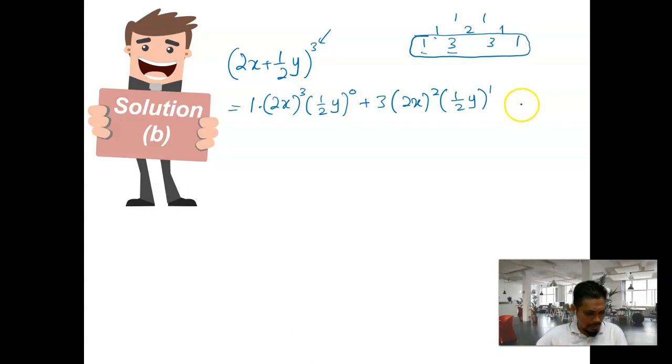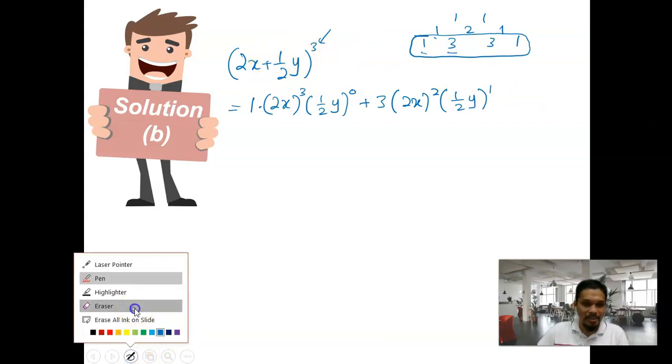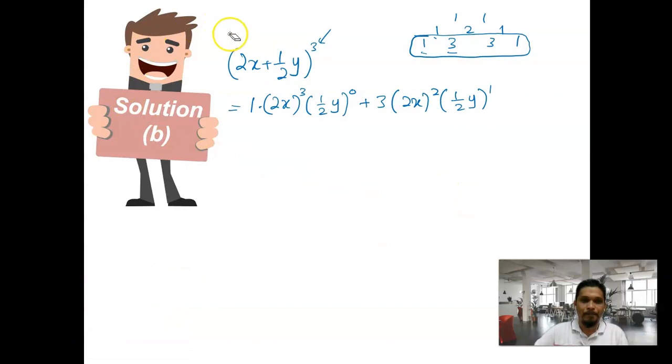Sorry guys, because the question here is 2x minus, okay, I made a mistake then, sorry. It should be negative then. We follow the question, here minus, so it should be negative here and negative here.